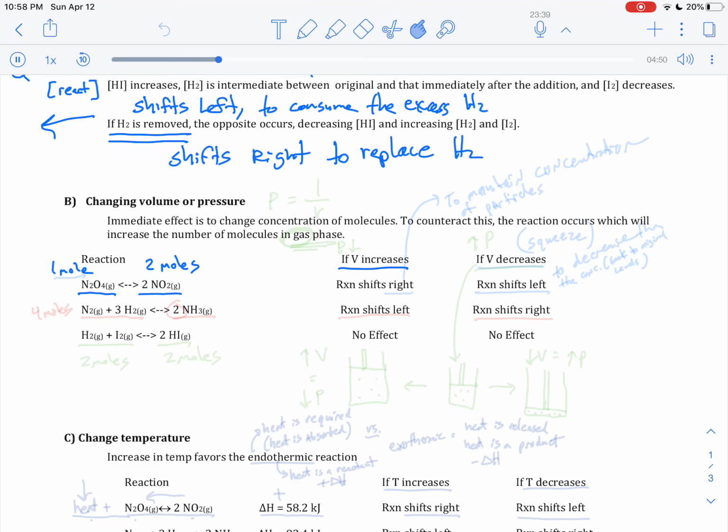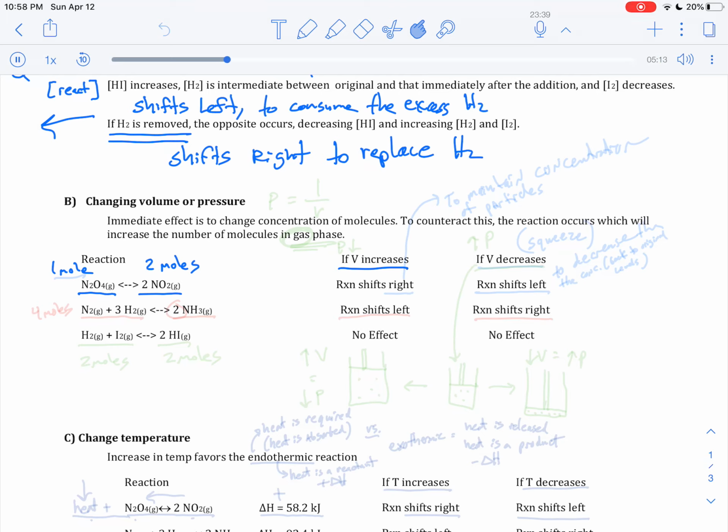If we increase the volume, meaning we give it more space, the system responds in a way that maintains a certain level of concentration. If the volume is getting bigger, the concentration goes down unless you put more moles in the numerator.